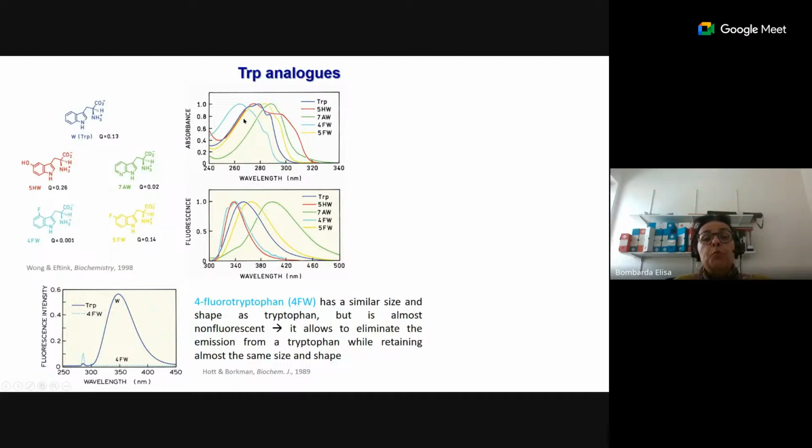These are the absorption spectra of the different analogs represented here, and those are the emission spectra. You see there is an analog that may even have an emission in the visible range. Unfortunately, the quantum yield is not very high.